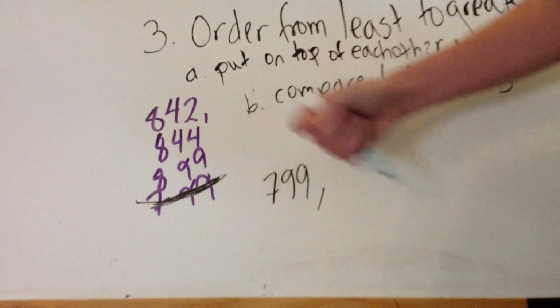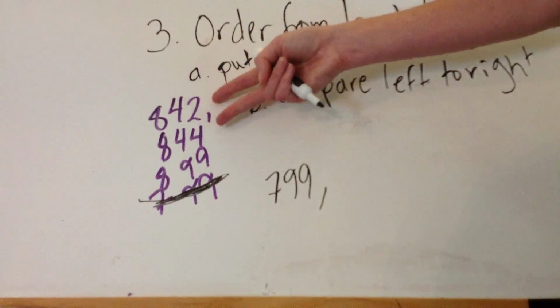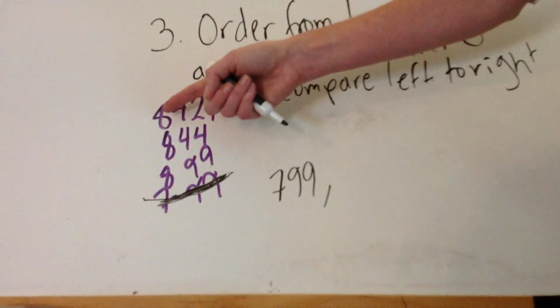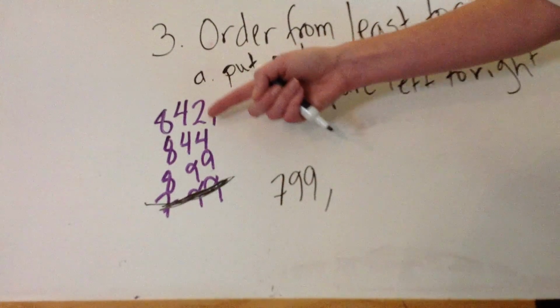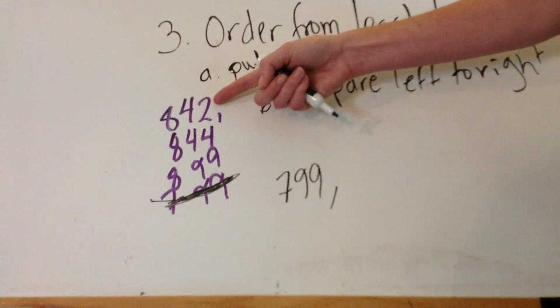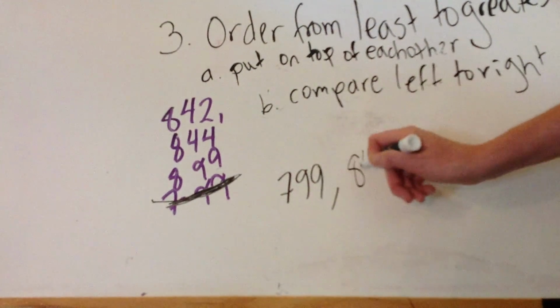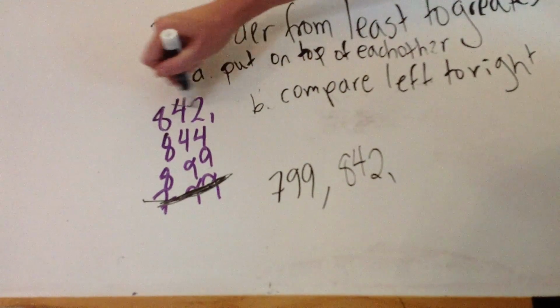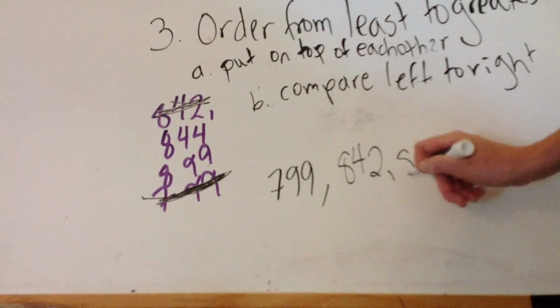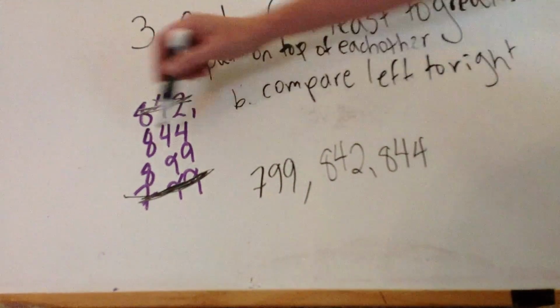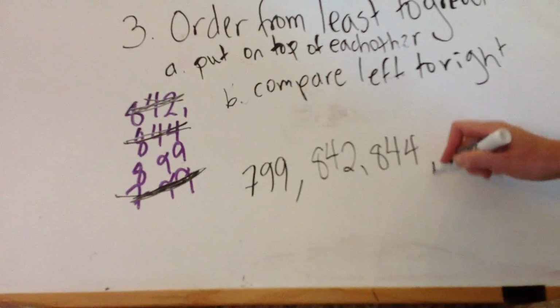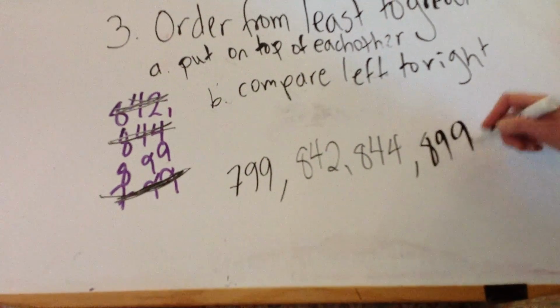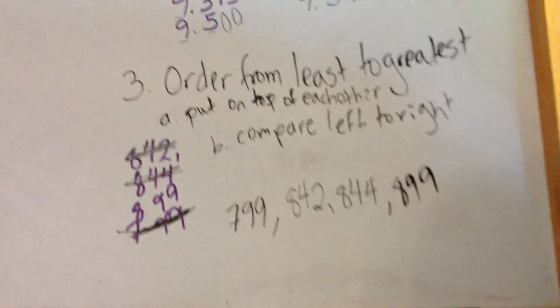The problem is I have 2 of them. So I have to look at the next number of just these 2. 8, 8, 4, 4, 2, 4. 2 is smaller, so I know 842 is the next smallest number. And then 844. The only number I have left is 899. And that's how you order them from least to greatest.